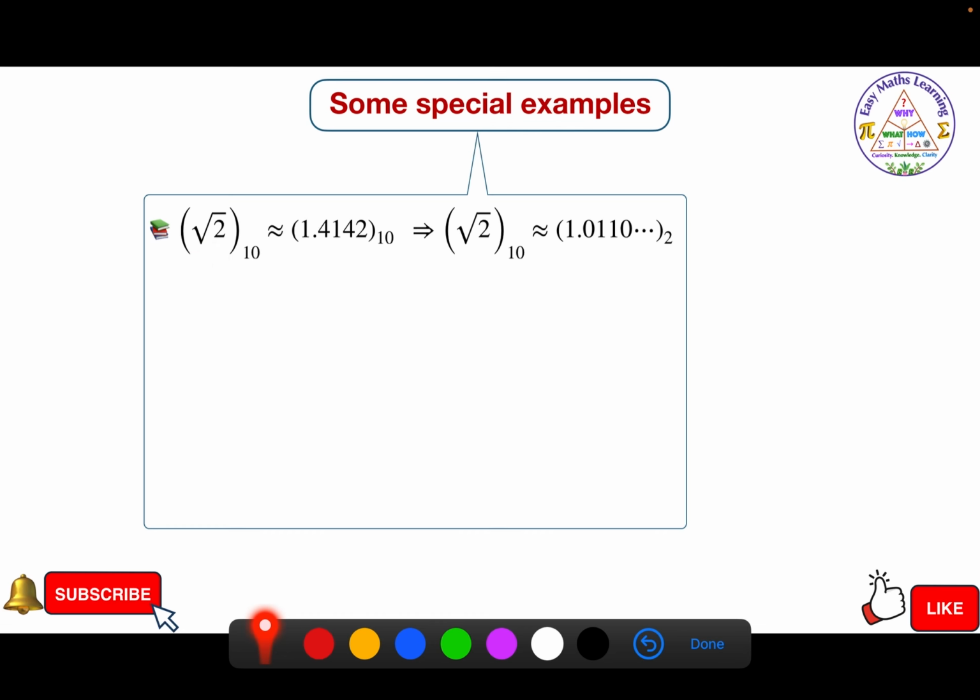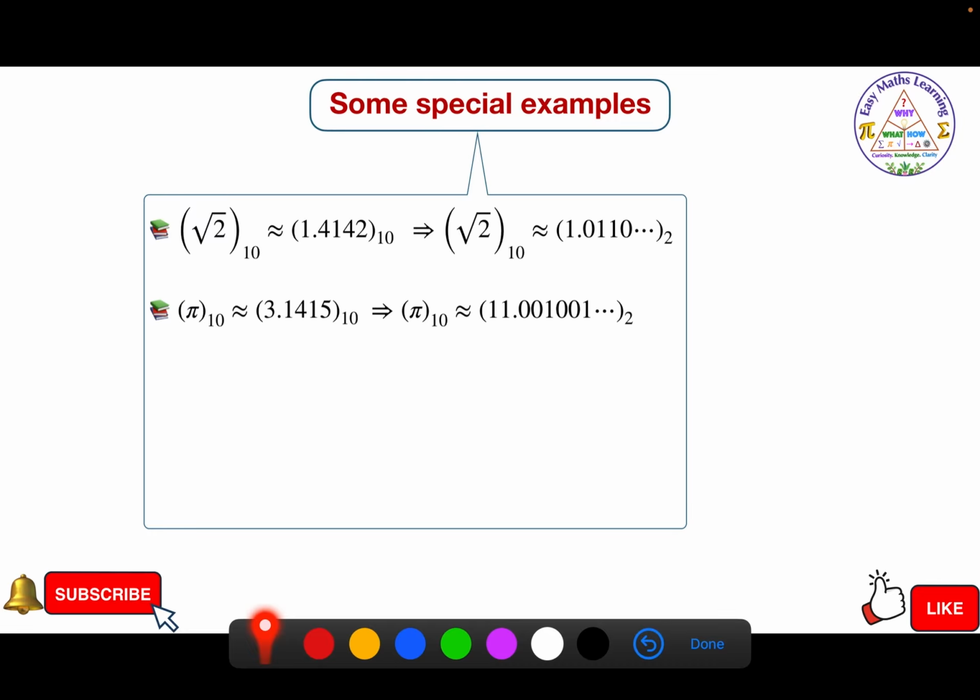So root 2 is approximately equal to 1.4142. Okay, but its binary representation is approximately, you can convert this root 2 to binary number which will be 1.0110 and so on. So this binary expansion does not terminate. Okay, here digits goes to infinity.